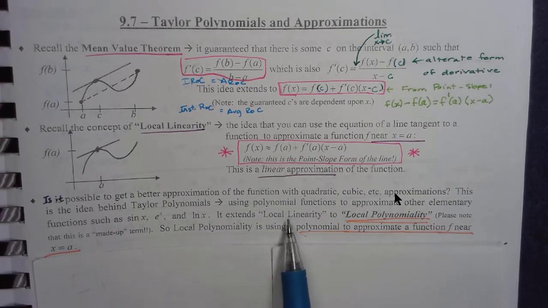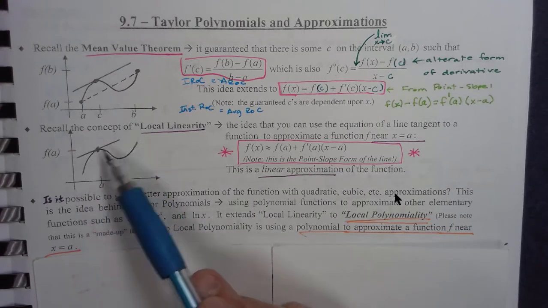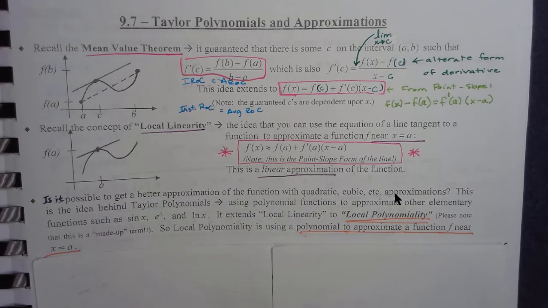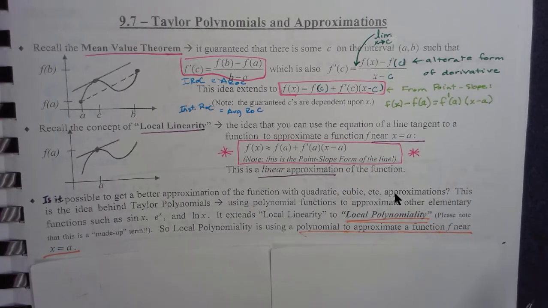But anyway, if we understand locally linear using the tangent line, which is linear, to approximate y values, then using a polynomial to approximate y values of a function is what this is extending to. So local polynomiality is using a polynomial to approximate a function of f near a.